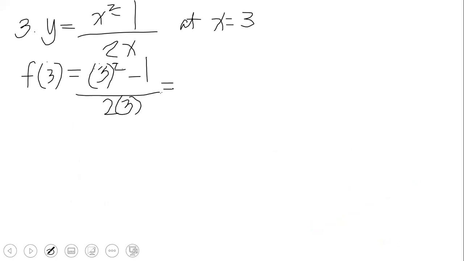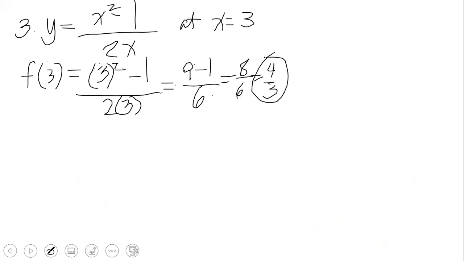That will result to 9 minus 1 over 6, so 8 over 6, which is 4/3. So the point of tangency is at (3, 4/3).